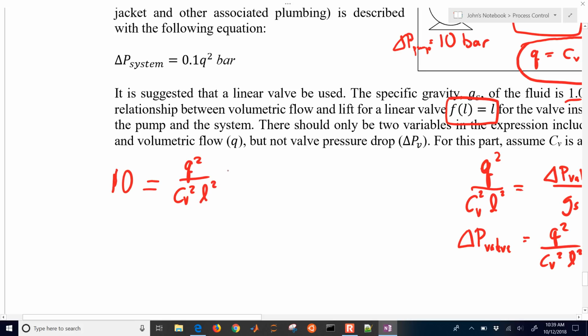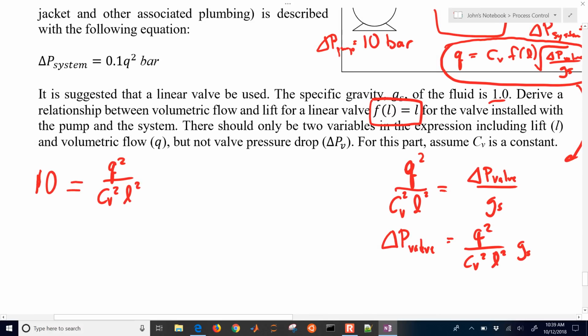And then specific gravity is just going to be equal to 1. And then we add in 0.1 times Q squared. Okay, so there's our relationship.